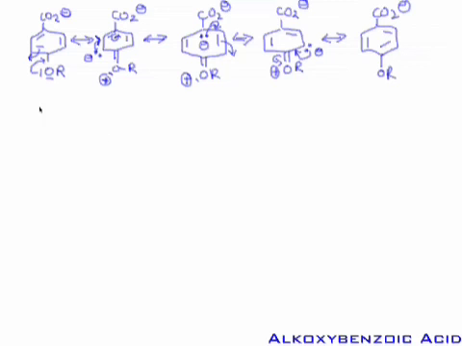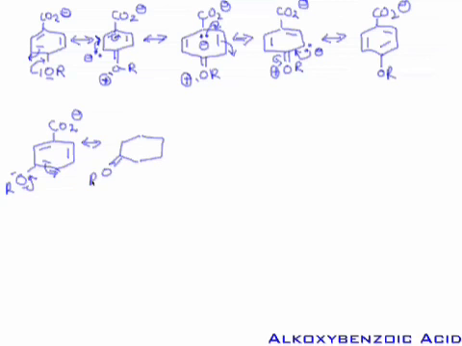Compare this situation with what happens when OR is meta. The meta OR can dump in lone pairs to make a double bond to the oxygen and move a negative charge around the ring. We have a lone pair here. This lone pair can dump electrons here.